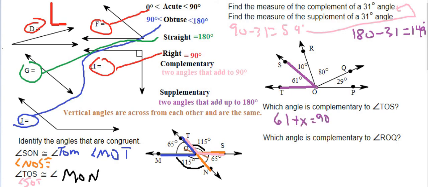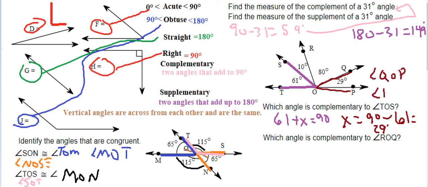We could subtract 61 on both sides, or this could be the same thing as we just did above it, where 90 minus 61, and that's going to be 29 degrees. There's only one angle here that's 29 degrees, which is right here. So we can name that QOP, or we could have named that POQ, and those would be the same thing.